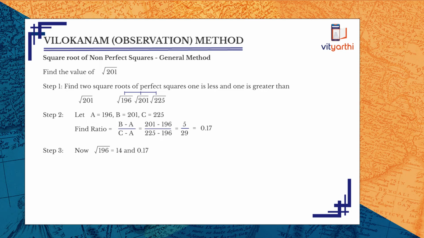Now we add 0.166 to root 196, because root 196 is the smallest perfect square less than root 201. Therefore, 14 plus 0.166 is approximately 14.17, and this is the approximate value of root 201.